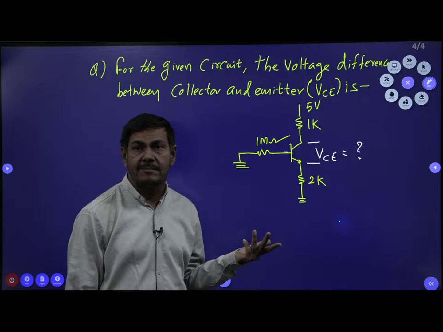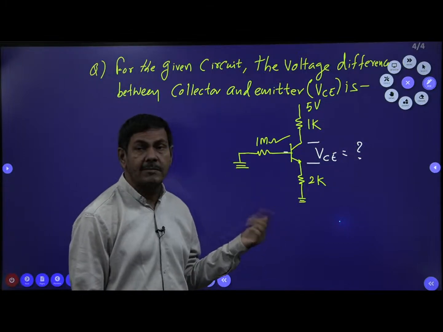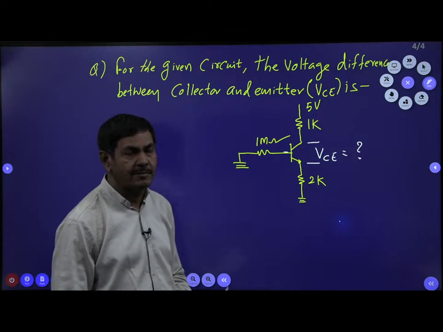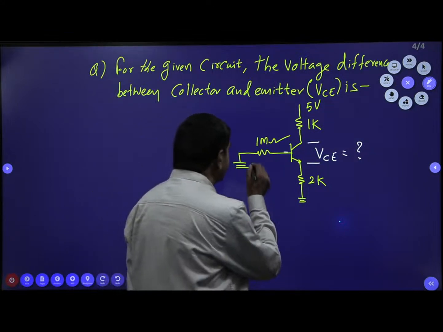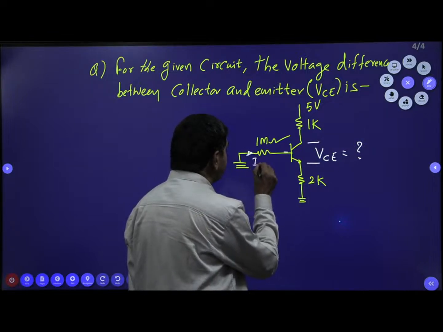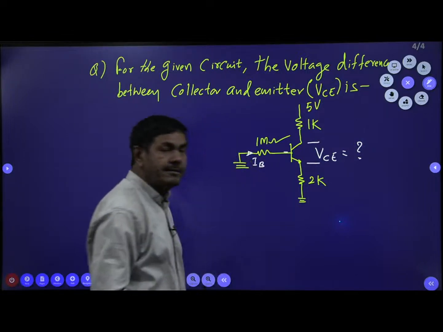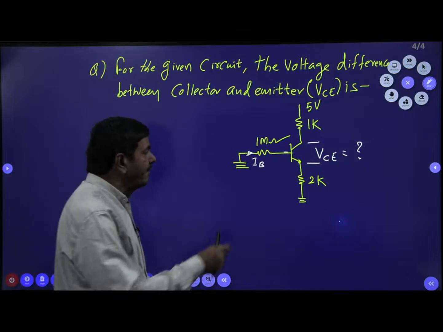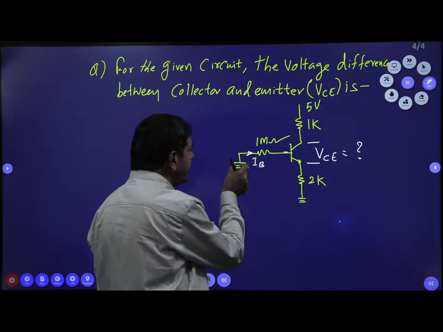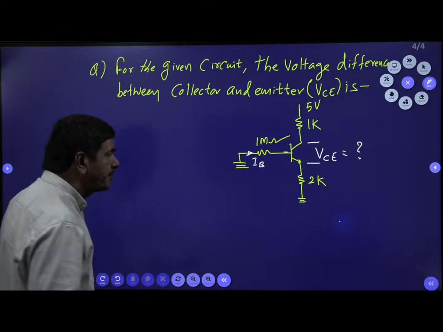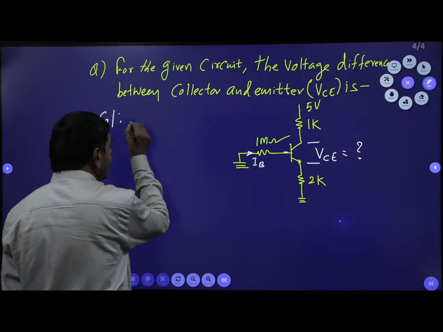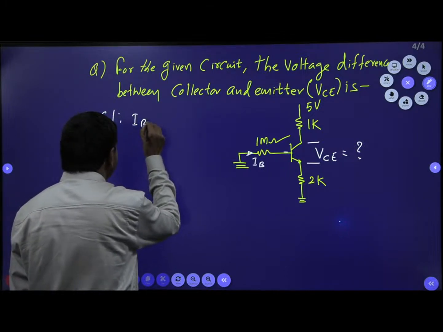At that time, the transistor will come to the off state, only the cut-off state is possible. Whenever it is in the cut-off state, the base current passing through this network will be 0 directly. It doesn't flow any base current. Why, sir? Base and emitter voltage of 0.7 volts is required. Here we have less than 0.7. That's why I can write base current equal to 0 amperes.